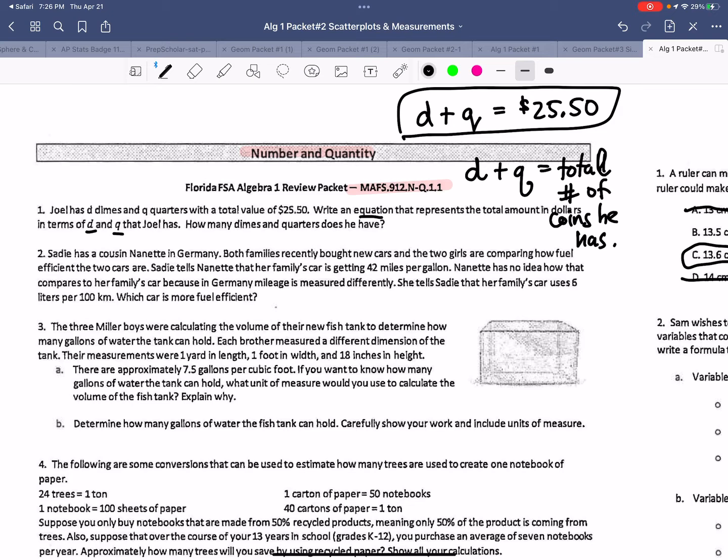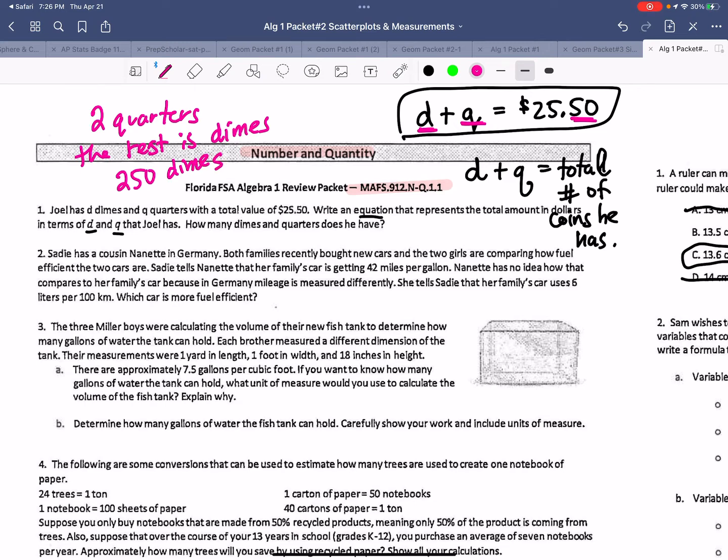Now, I mean, it doesn't say, but we could say that he has 2 quarters, right? So if he had 2 quarters, that's 50 cents. That means everything else is in dimes. The rest is dimes. So that means he must have 250 dimes.